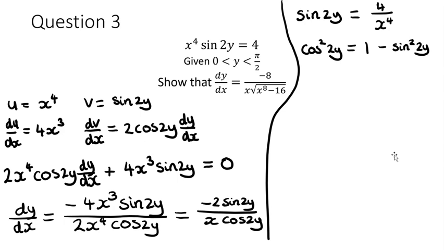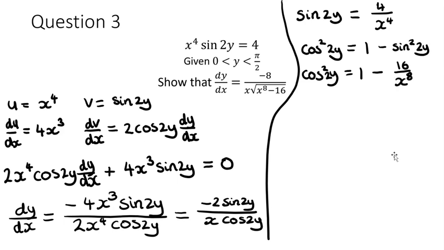So cos squared 2y will be 1 minus sine squared 2y, but I've already worked out that sine 2y is 4 over x to the power of 4. So sine squared 2y will be 16 over x to the power of 8.